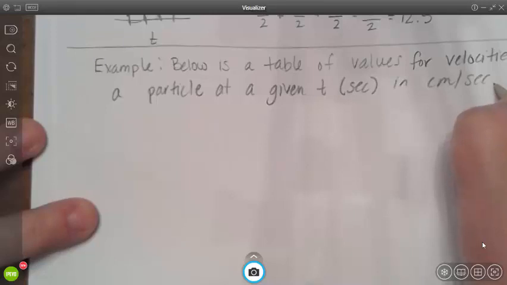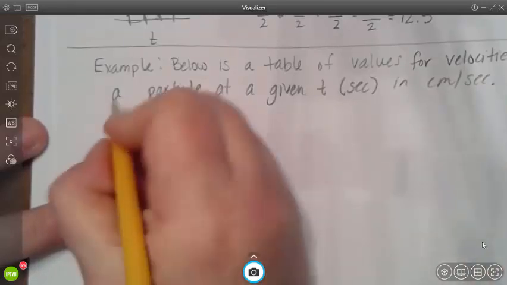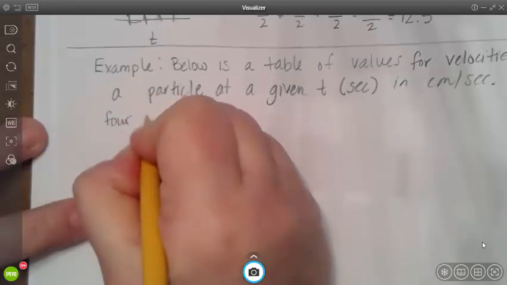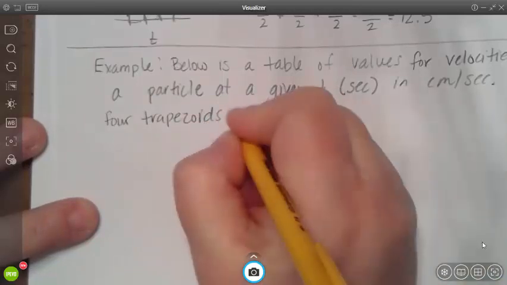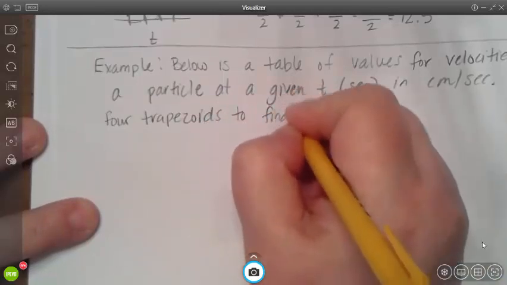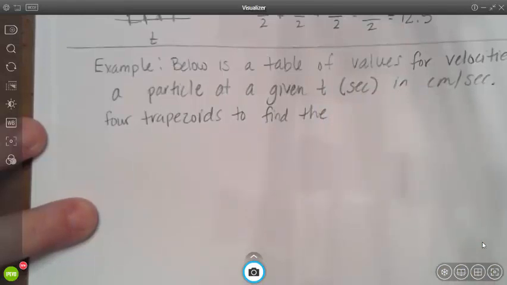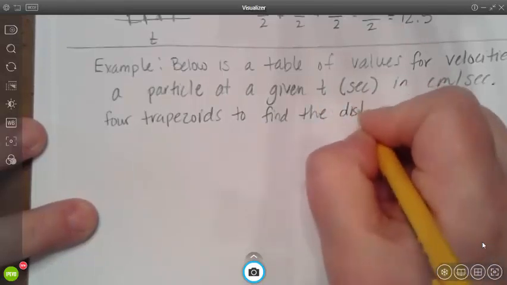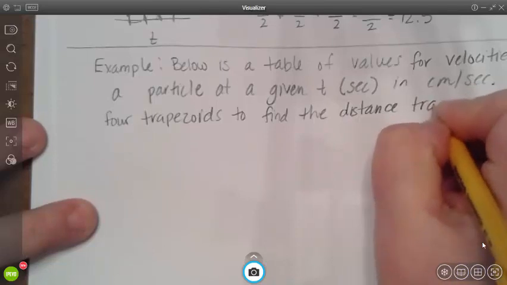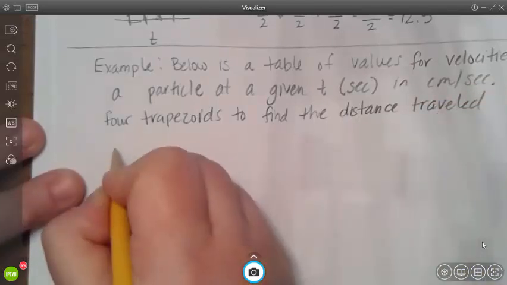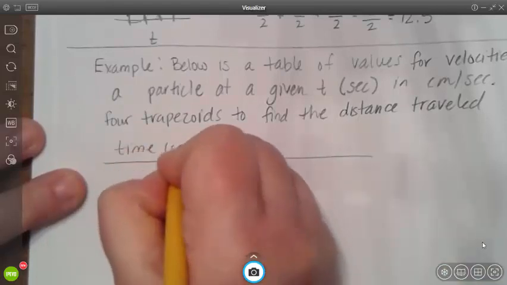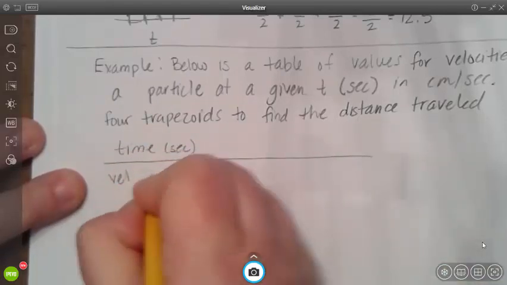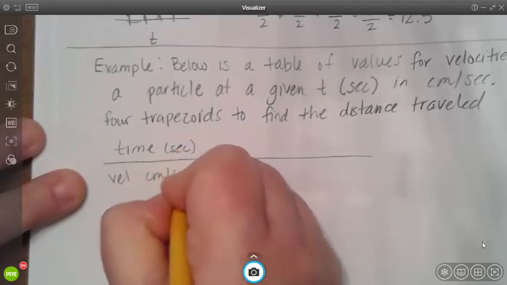Okay, and we want to figure out, we're going to use 4 trapezoids to find the distance traveled. Okay, so we'll have time, and we're going to put our time in seconds. We're not going to convert anything this time. And velocity is in centimeters per second.